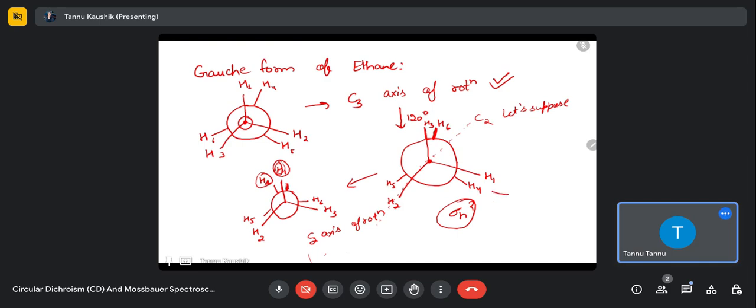We will get the configurations like this. H1, H5, H3.